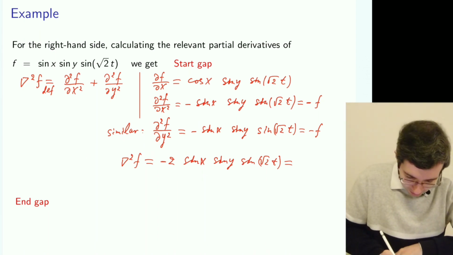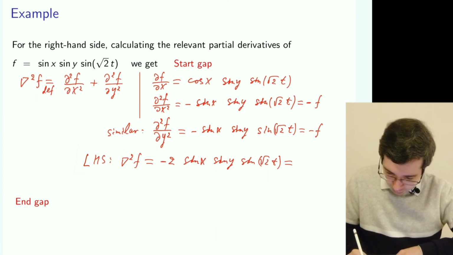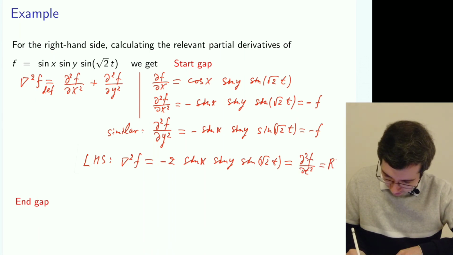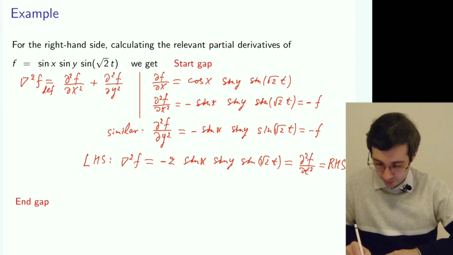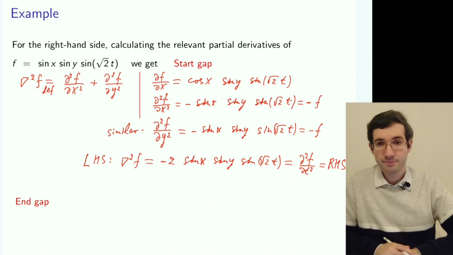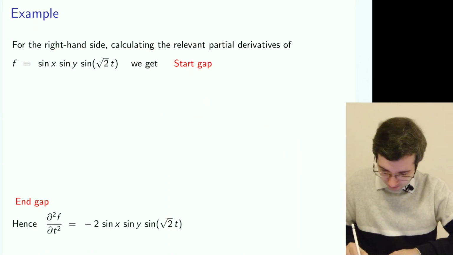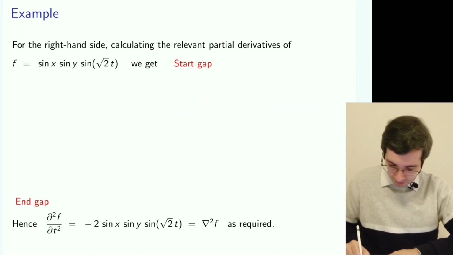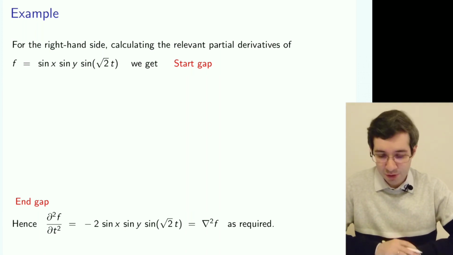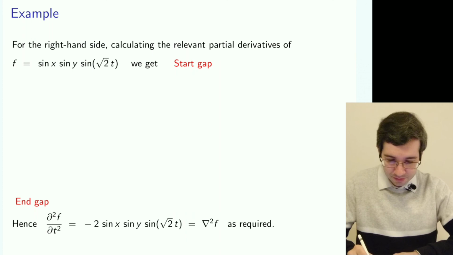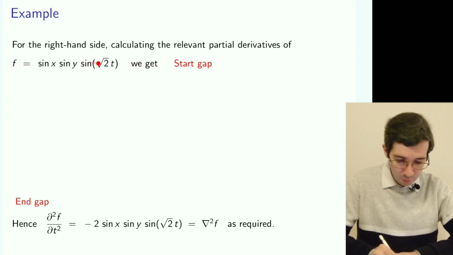So this was the right hand side, and this is equal to the second order derivative with respect to time, which is the left hand side. And this proves what we wanted to prove. This is exactly what we needed. So we showed that this is the solution to our wave equation.